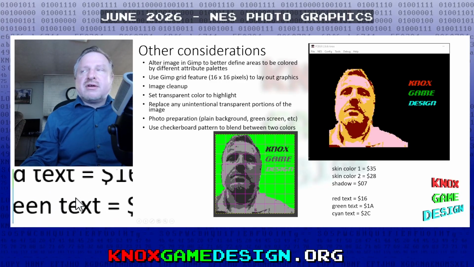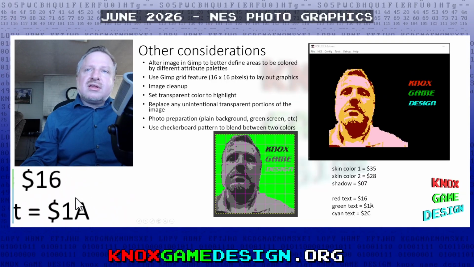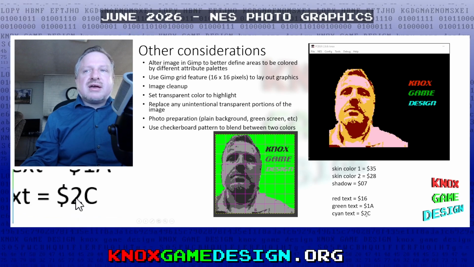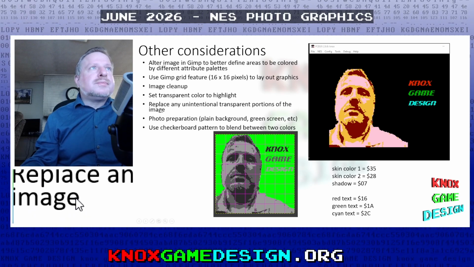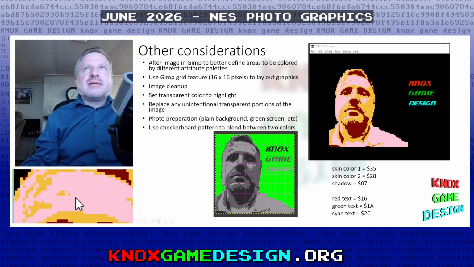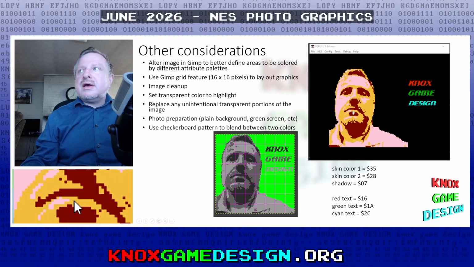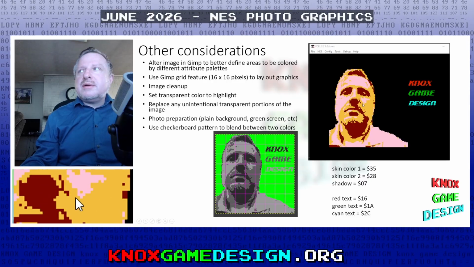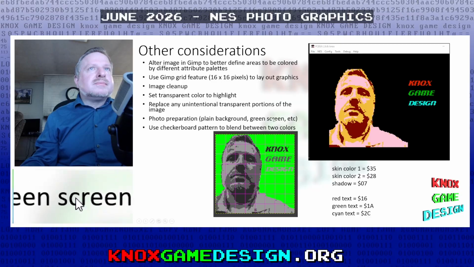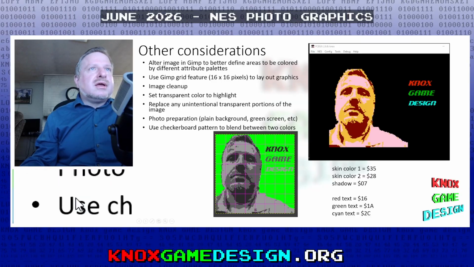For the Knox Game Design text, the red text is hexadecimal 16, green text is hexadecimal 1A, and the cyan text is hexadecimal 2C. One thing I had to touch up is a portion of the image that came in as a transparent color; I made those non-transparent. As I said, I used the green for the background.